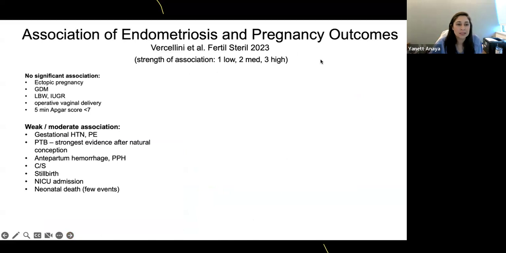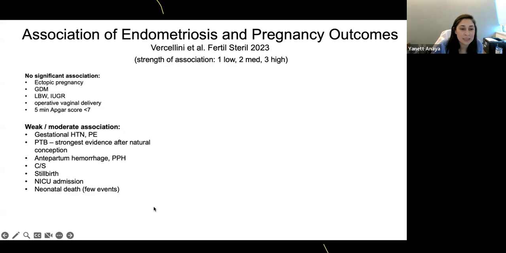As far as the adverse pregnancy outcomes that we may see with endometriosis, the studies that we currently have seem to show that there's no increase of ectopic pregnancy, gestational diabetes, low birth weight or intrauterine growth restriction of the fetus, and no association with an increase in operative vaginal delivery or an APGAR score of less than 7.